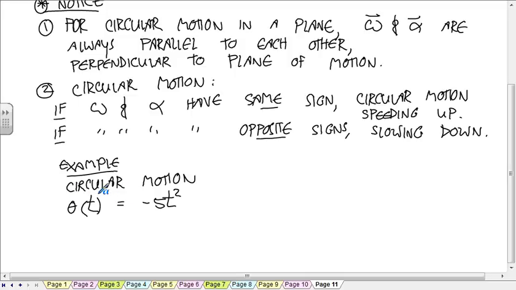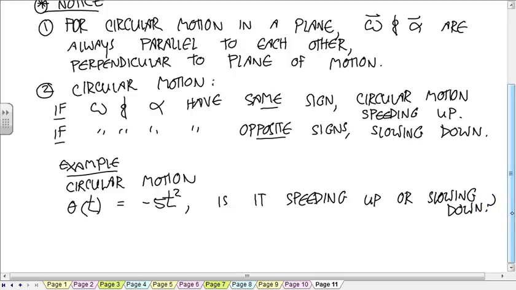All right, so say you have this circular motion. Is it speeding up or slowing down? Well, one way to figure that out is to calculate the angular velocity. That's equal to -10t.